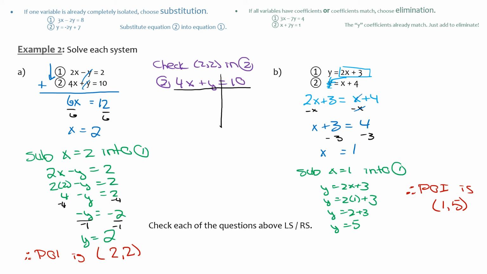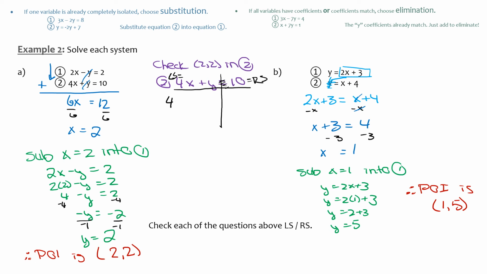Now it's a left side, right side. So now I have a left side and I have a right side. So I'm ignoring this equal sign now. My left side is 4x plus y. And for y, I'm putting in a 2. And for x, I'm putting in a 2 as well.